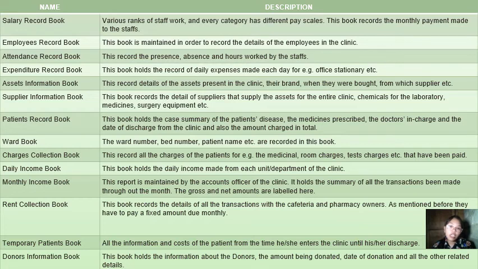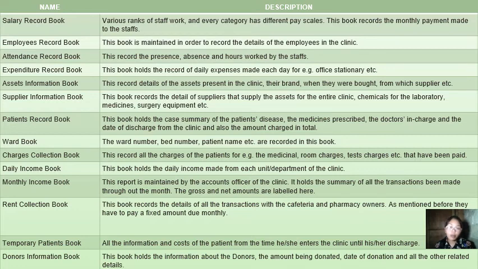The employee's record book contains the profile of all of the clinic's employees, including doctors, guards, nurses, drivers, and assistants. When a new person is hired, a new entry is made in this book. Salaries range from person to person because different grades of people work for hospitals.